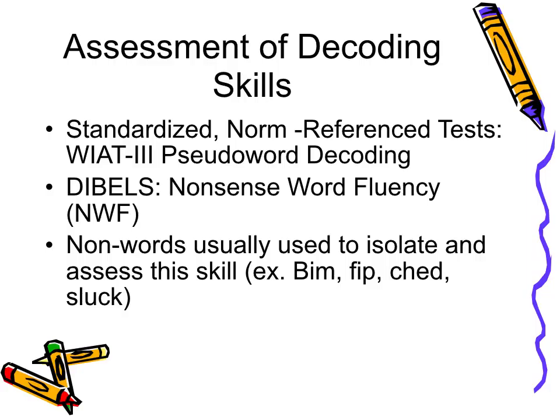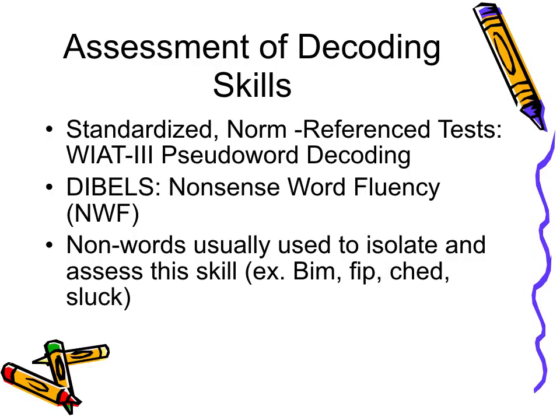Again, for assessing decoding, we can use standardized assessments. Both the Wyatt and the KTEA each have subtests that measure this skill. You can also measure it using things like DIBELS or other locally developed measures. We're always going to use non-words or nonsense words so that we can really isolate and assess the skill of decoding specifically.